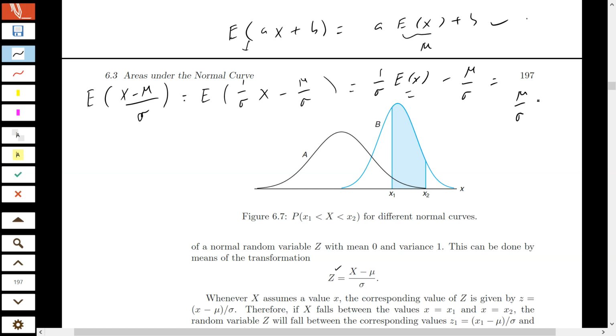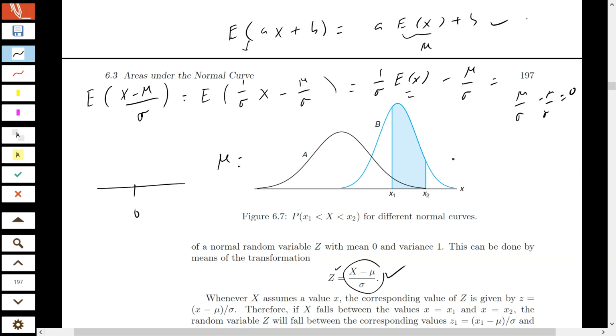So mu over sigma minus mu over sigma. So what do I get? 0. So the first thing we need to know is that if we have this transformation, the mean will be 0. I just change the mean to 0 because I want to have tables for this variable. I don't want to have tables for x. I want to have tables for z, right?